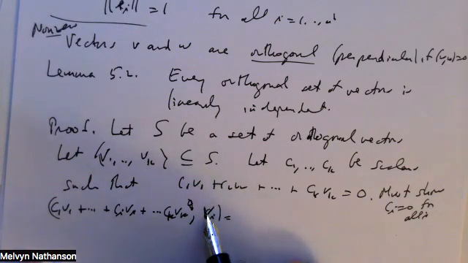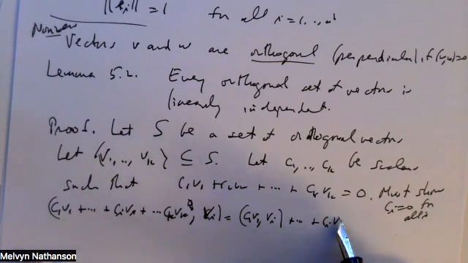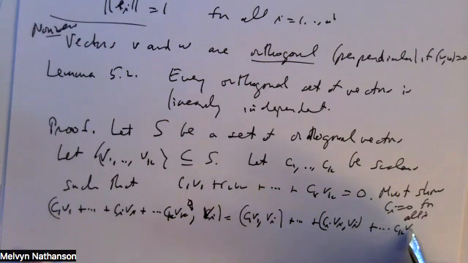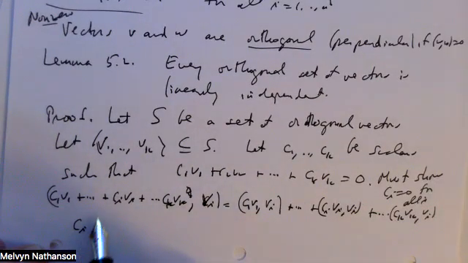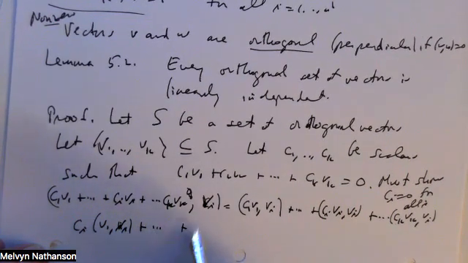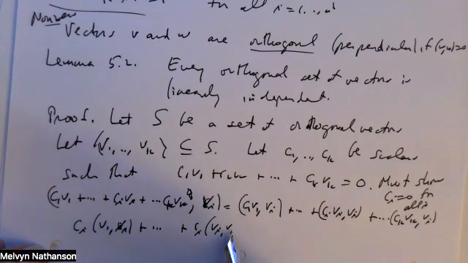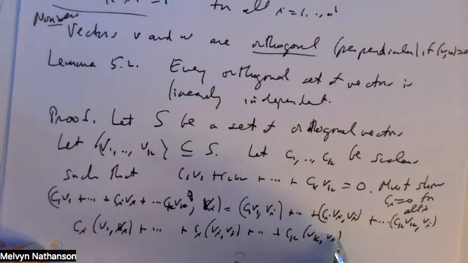So this is c1 times the inner product of v1 with vi, plus ci times the inner product of vi with vi, up to ck times the inner product of vk with vi. And I can take the scalars outside.